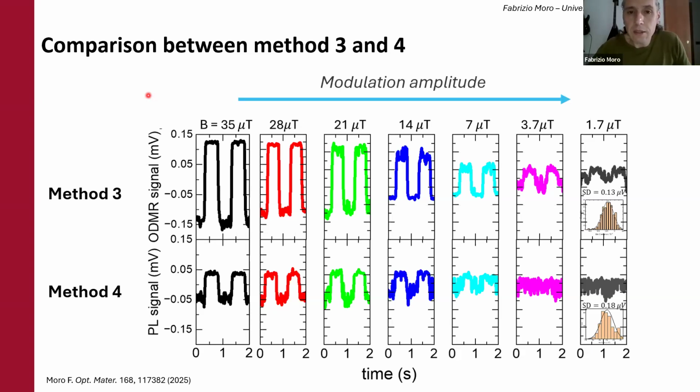And therefore, a study has been done by recording, with method 3 and method 4, the PL, or the on-resonance, off-resonance signal, using an alternating magnetic field and decreasing the modulation amplitude of the oscillating field. And we found out that we can still distinguish the polarities between the two states for a field down to about a few microtesla.